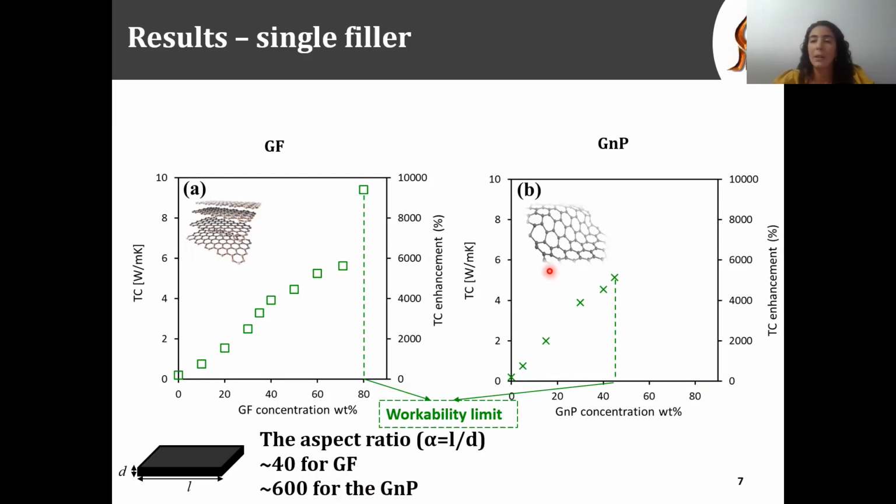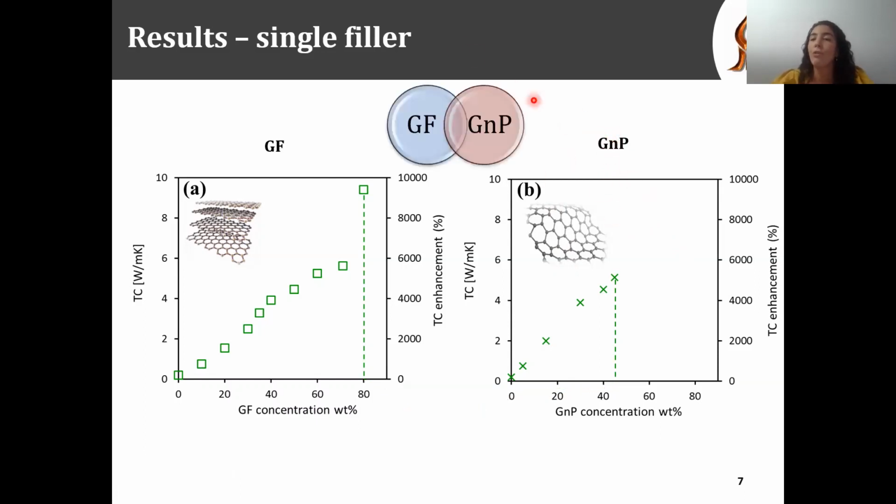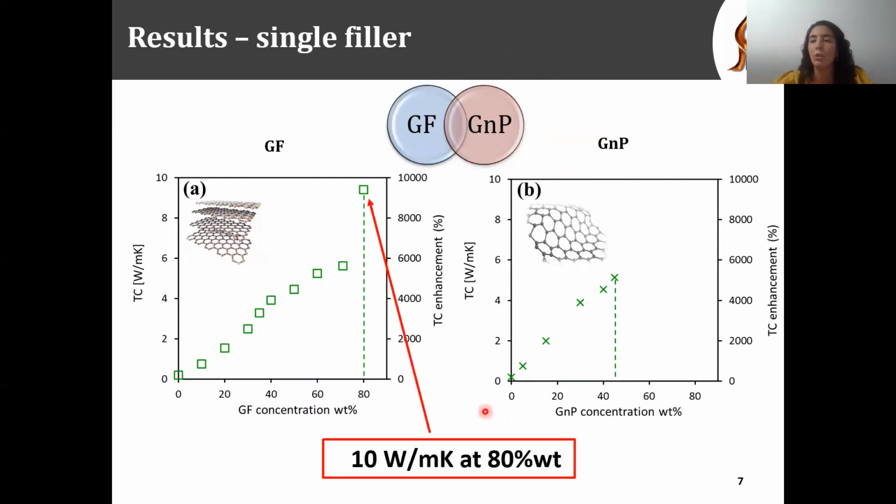But we need to remember that in order to develop a thermally conductive polymer with impressive TC values, we need a combination of high filler loading, like GF, and a filler with impressive thermal conductivity values, like GNP. Therefore, the combination of both as a hybrid system seems the best option in order to cross the maximum TC result for the single filler system, which is 10 watt per meter Kelvin at 80 weight%.